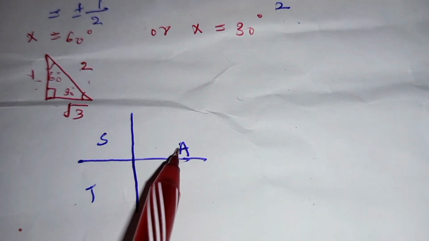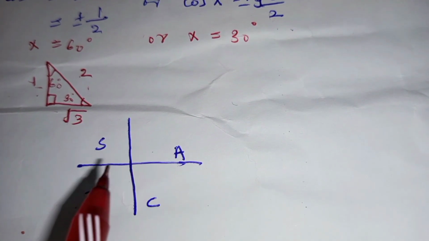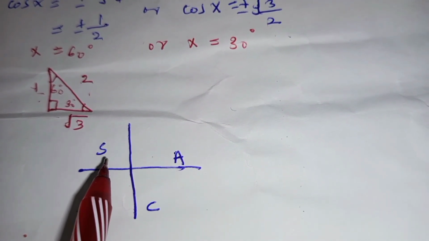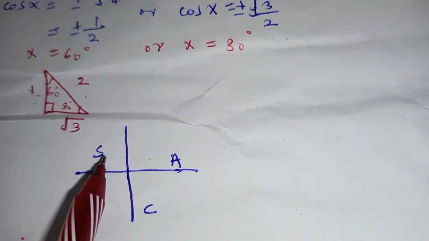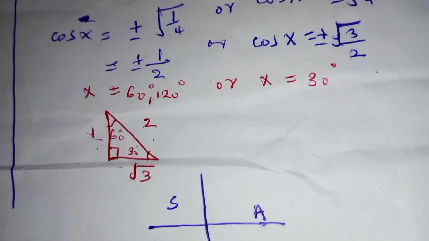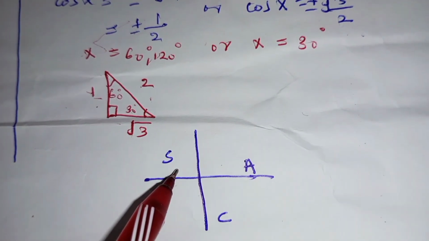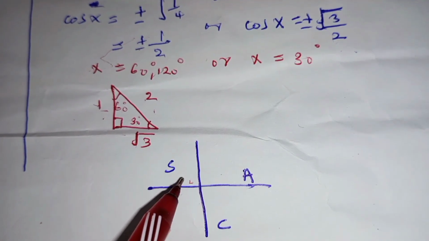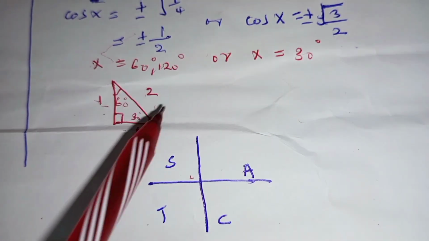In the first quadrant, all are positive, and in the second quadrant, it is only sine which is positive. So the angle which is here, that is 180 minus 60, is also our value. Since we are also considering the negative angles, cosine at the second quadrant is negative, and it is given by 180 minus 60, which is 120.